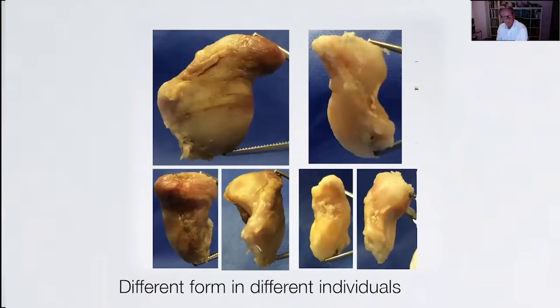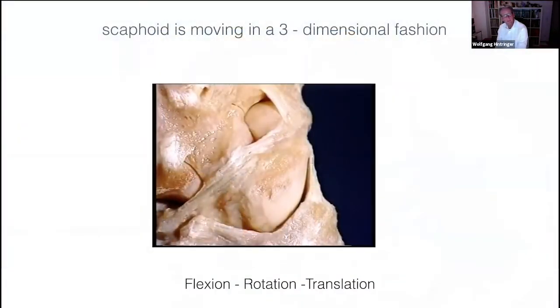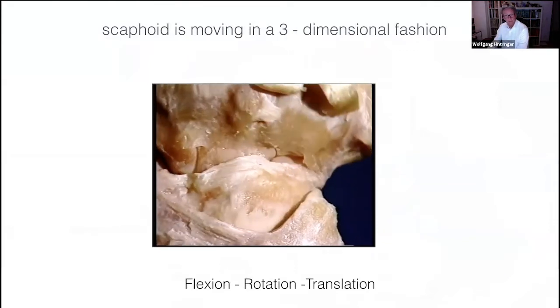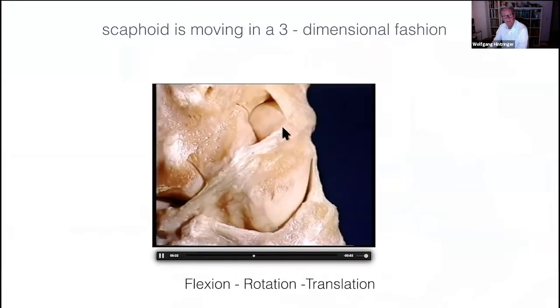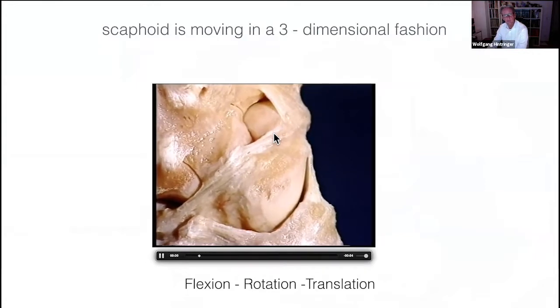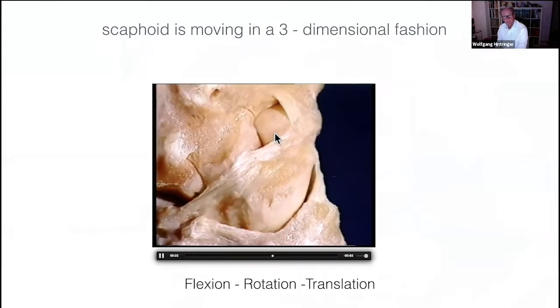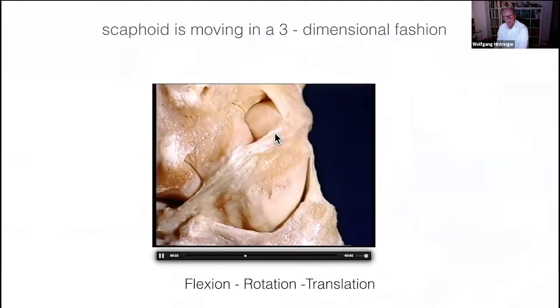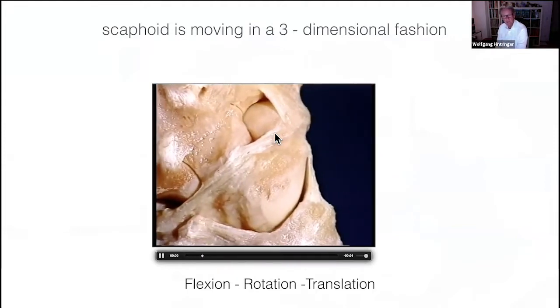And one more, the scaphoid has a very different form in different individuals, and that makes it more interesting to get in that bone. As you can see here, the scaphoid is moving in a 3-dimensional fashion. That means it makes a flexion, rotational, translational movement.